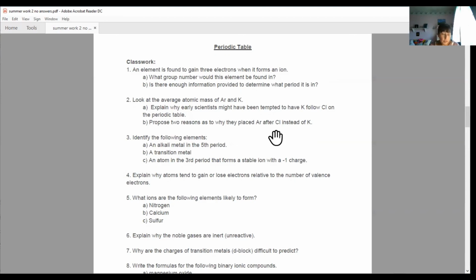It's 17 for chlorine, 18 for argon, and 19 for potassium. The other one could be the electronegativity. Because chlorine wants to gain 1 extra electron, whereas argon doesn't, and potassium wants to give one out. So it would not make sense for potassium to be in the same column as a noble gas, for example.